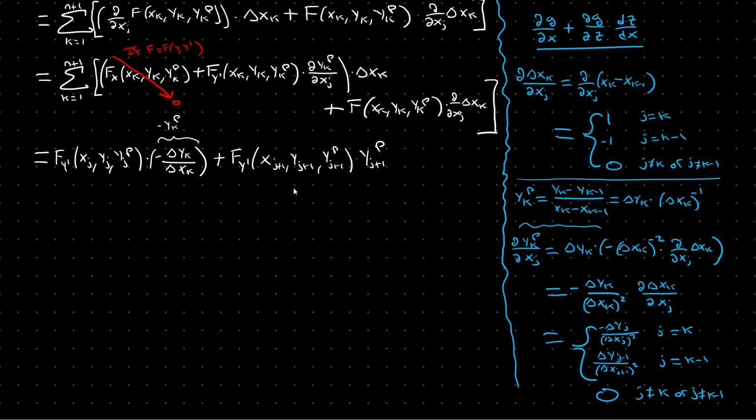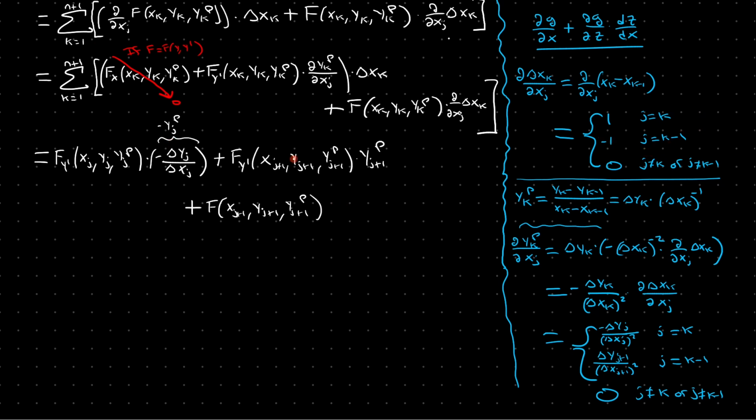And for the second term, you have plus f of xj, where j equals k minus 1 here, or k equals j plus 1. So f of xj plus 1, yj plus 1, yj plus 1p times the derivative of delta xk, which is 1 when k equals j, and negative 1 when j equals k minus 1.